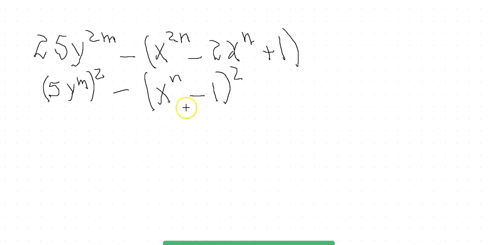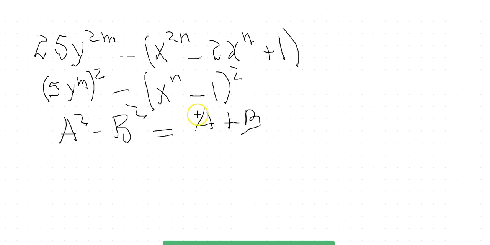There you go. I have something like a squared minus b squared. When you have that, you just put it simply: a plus b, factor a minus b. That's what I'm going to do.